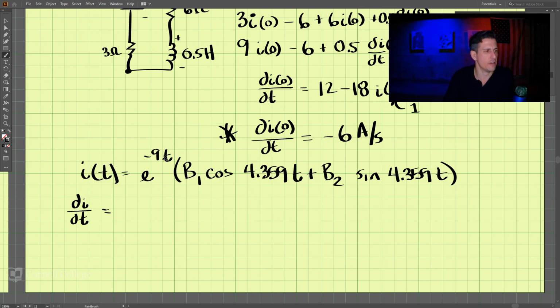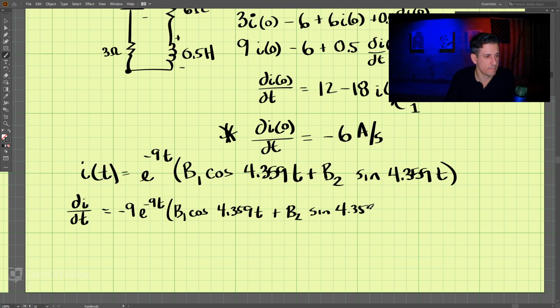We can take the derivative by taking the derivative of the first, -9 e to the -9t, times the second, plus the first times the derivative of the second.